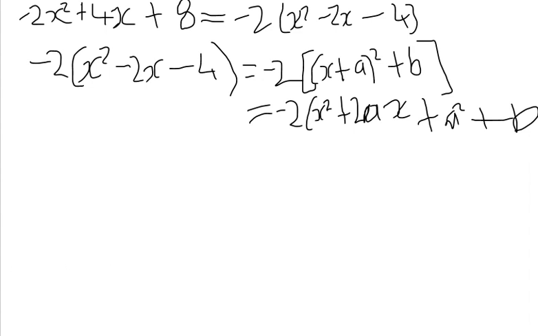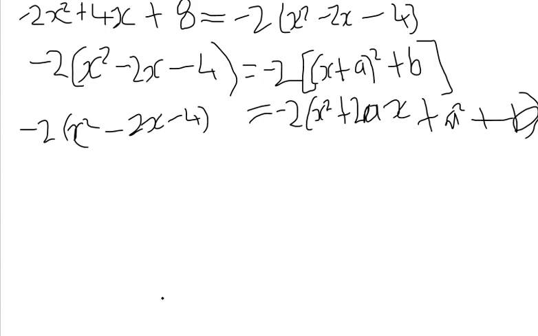Right. Then on the left hand side we are going to have -2 and then x squared minus 2x minus 4. Right. Then here we're going to have our bracket. Right.